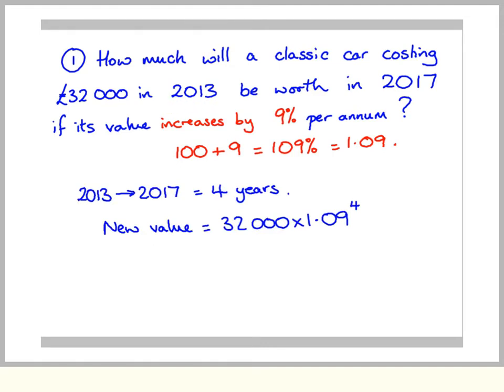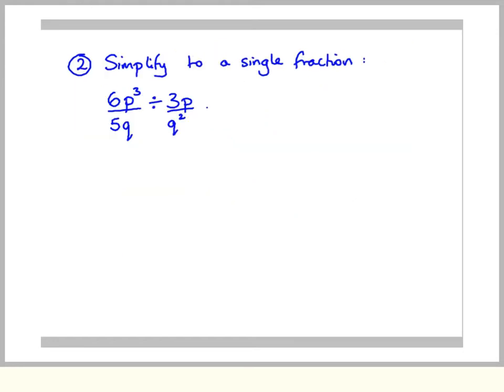You'll have to work out from 2013 to 2017, it's 4 years, so that's why the power is 4. 32,000 was the original amount times 1.09 to the power 4 will give you your answer. 45,000 and stuff. Right, next question.